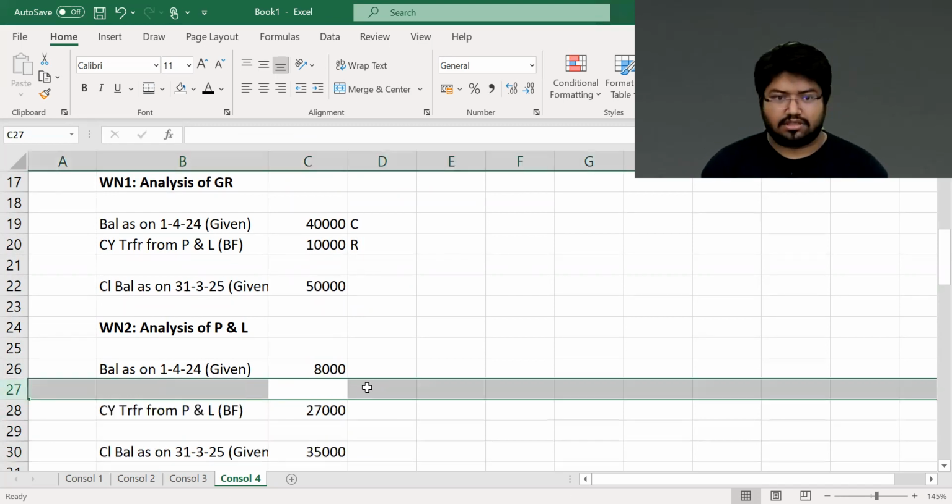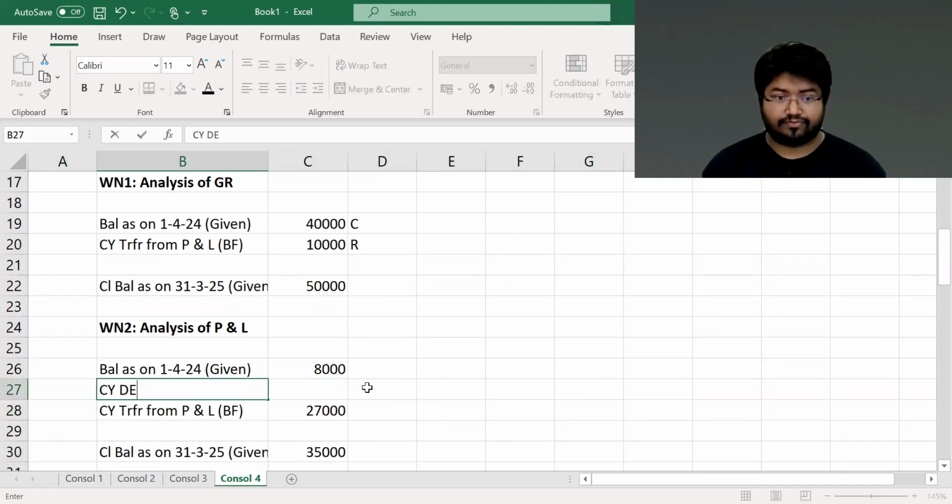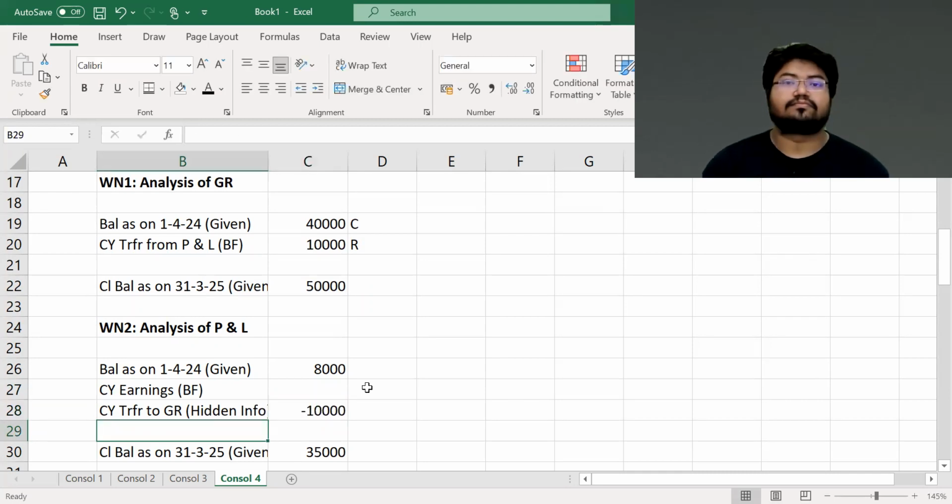No. Current year earnings is basically a balancing figure for me, but current year transfer to general reserve is known already. It's given. It's hidden info, which is 10,000. Yes or no? Yes, sir.